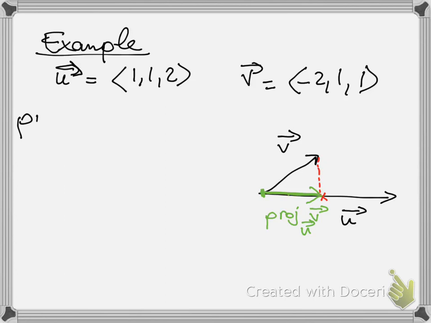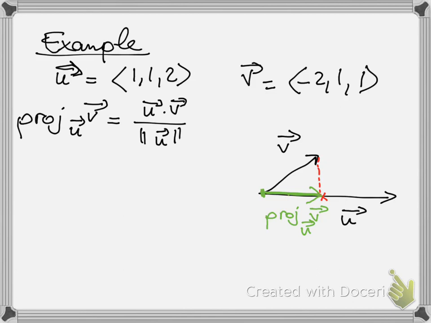So projection of v onto u, we said, is equal to u dot v over the length of u square, times the vector u. First we need to compute u dot v, then the length of u square, and then multiply by the vector u, right?